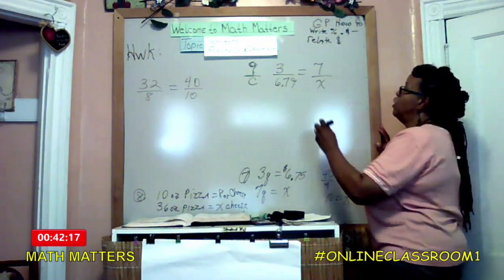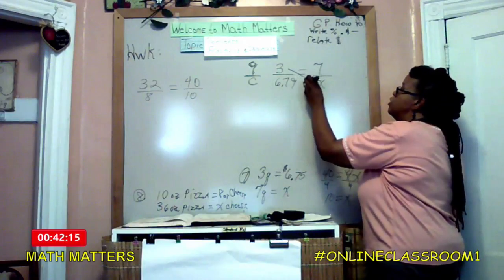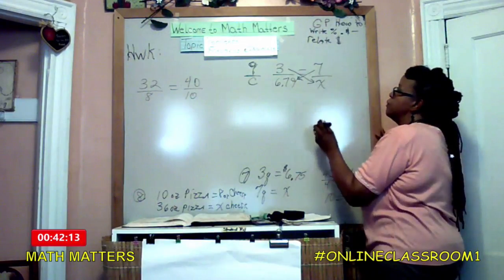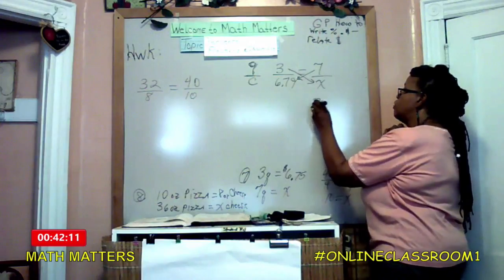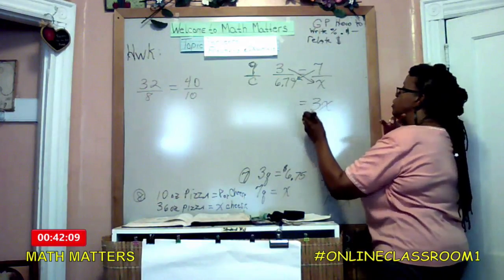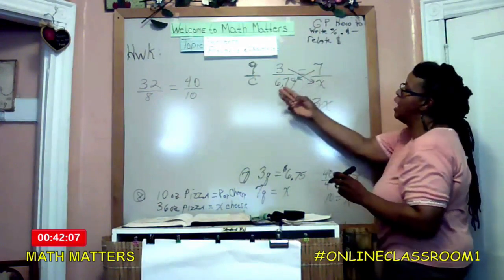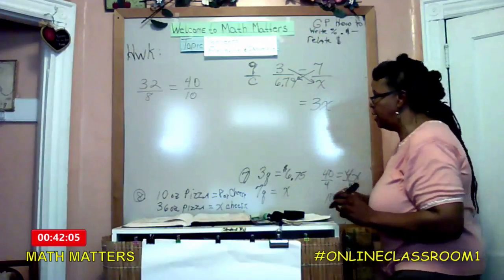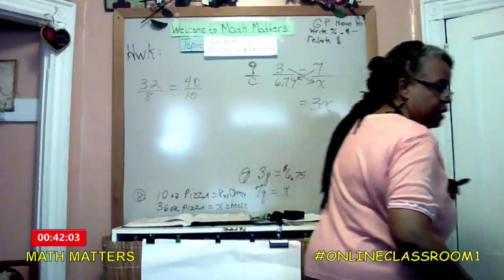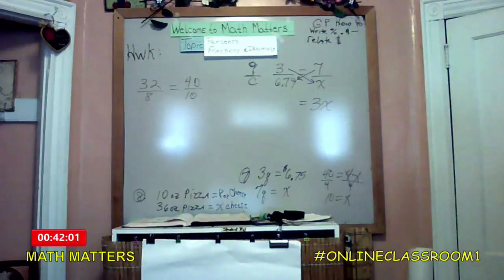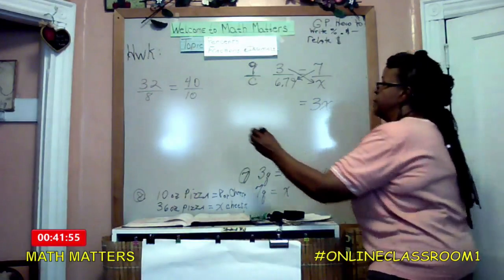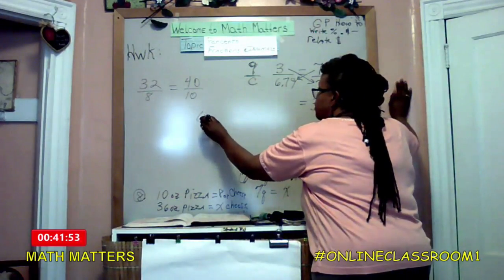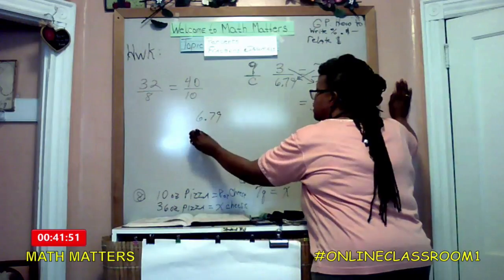All right. So we can cross multiply to figure out the answer. Here we get 3x is equal to 7 times 6.79. Let's work that out. 6.79 times 7.